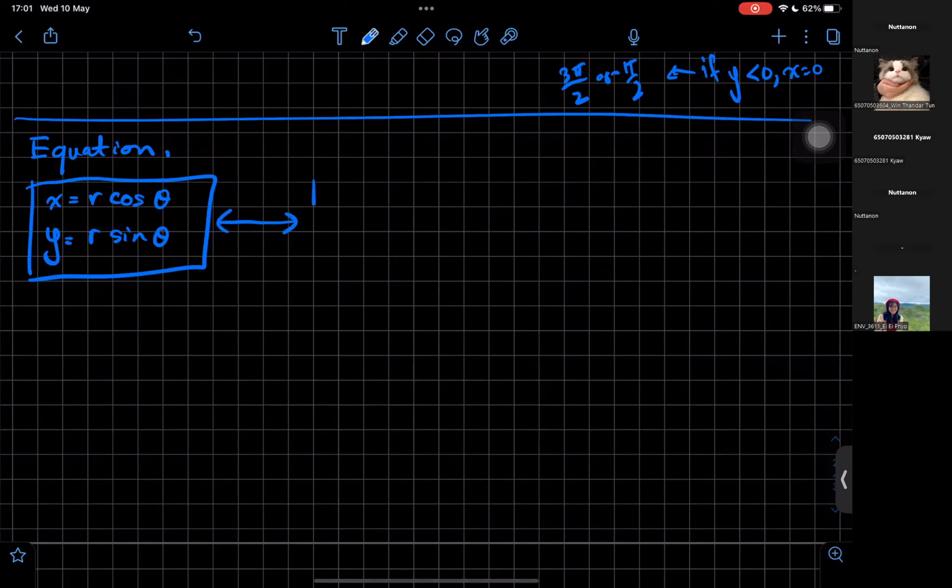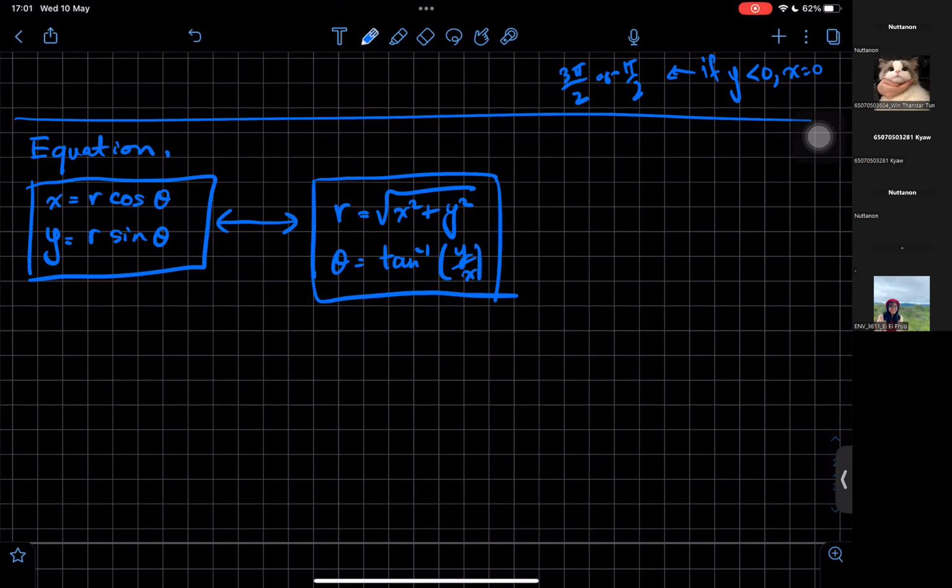And r is equal to the square root of x squared plus y squared, and theta equal to arctan of y/x. You use these, and then you can change the equation.